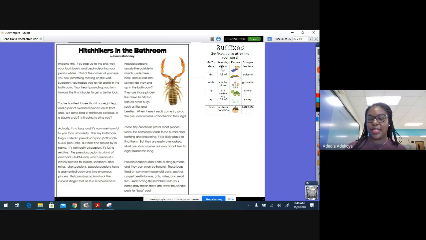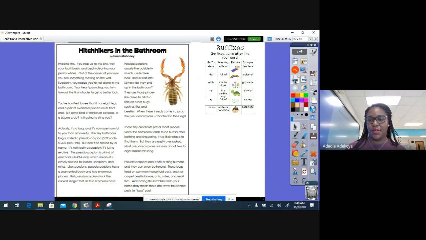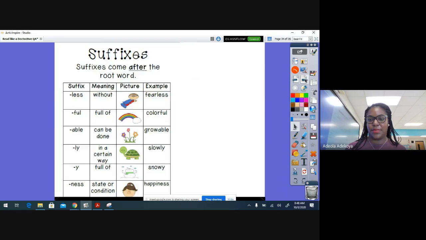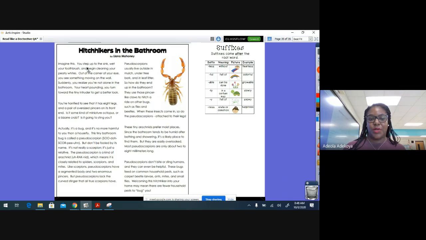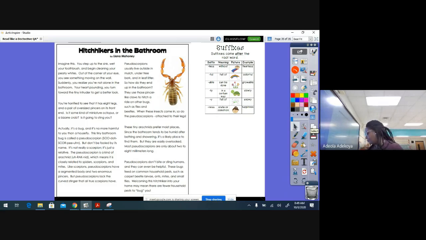Here again is just a quick graphic organizer, same as what we just saw, but made smaller so that we can use it as a guide. First of all, as we start, we're just going to scan for these suffixes and see if we can find them in our reading. The first thing I want to do is highlight.